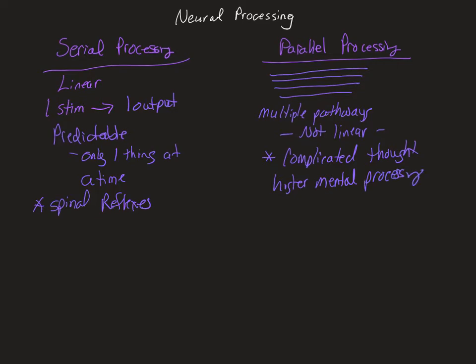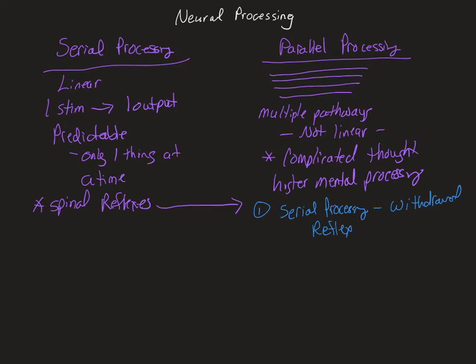All right. So an example that we can build on with this serial processing. Let's take this spinal reflex. The first thing that's going to happen is you step on a goat head. You're going to have serial processing that is going to trigger the withdrawal reflex of your leg or foot or arm or whatever it is that you're hurting.